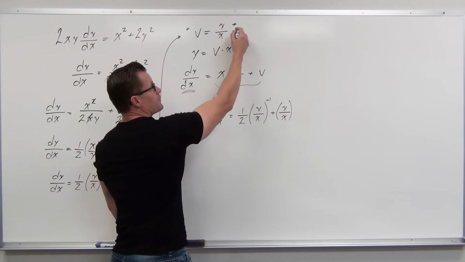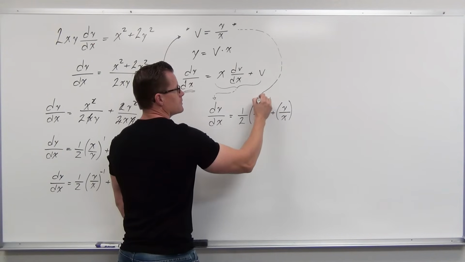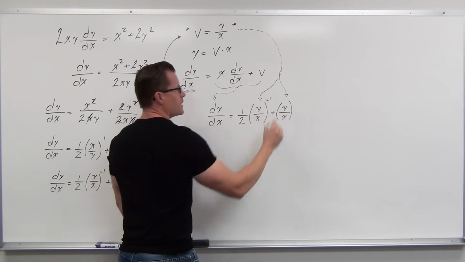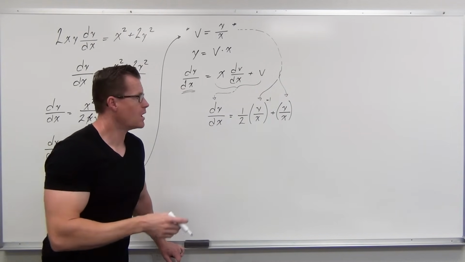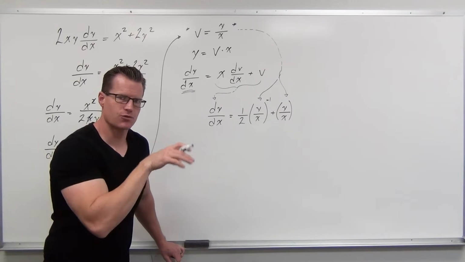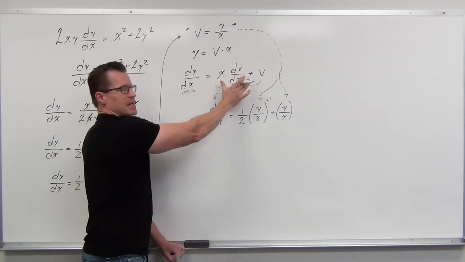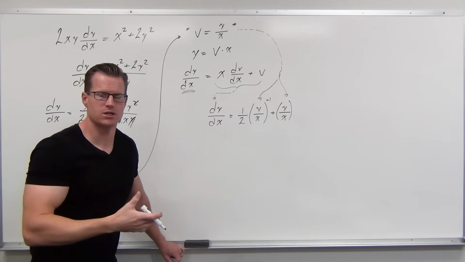But if we defined our substitution as v equals y over x, then we're going to replace three pieces in this particular differential equation. We're going to replace every instance of y over x with v. We're going to replace dy dx with the same thing every single time for a homogeneous equation here.